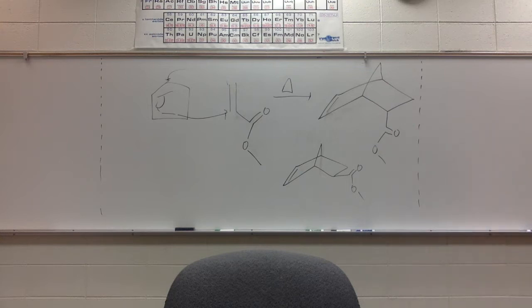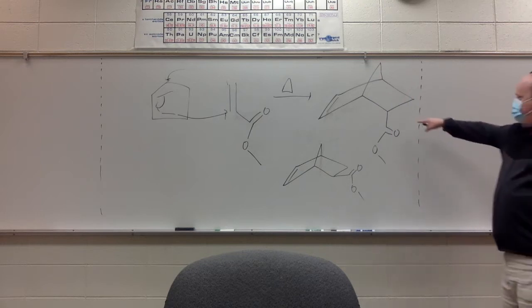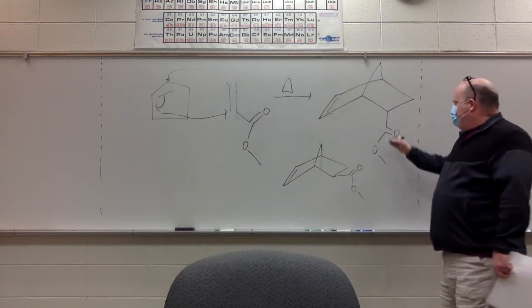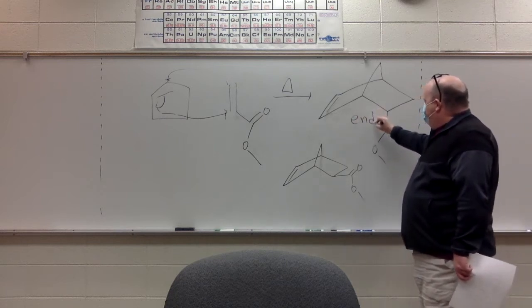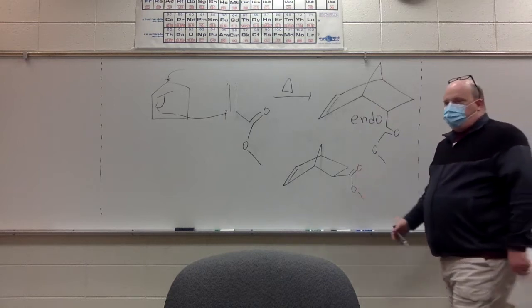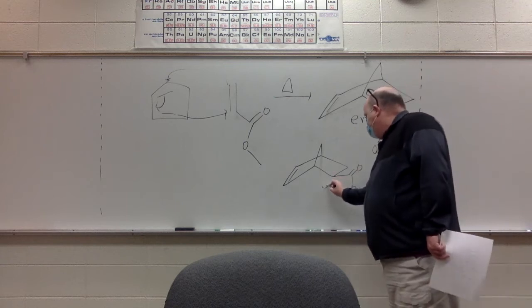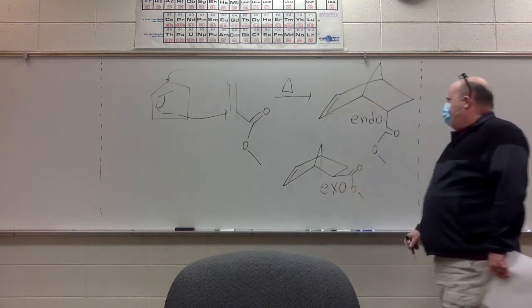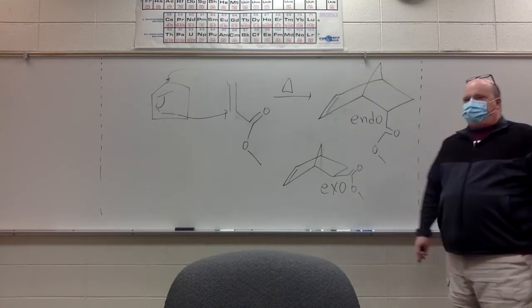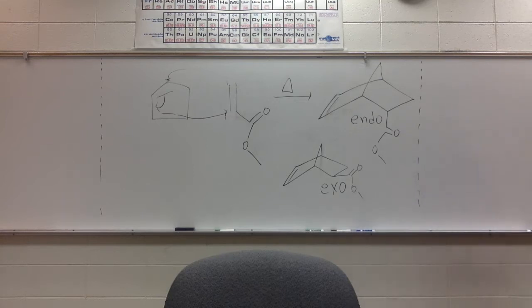We actually have a different term for this, right? If it's pointed straight down off of your Diels-Alder product, we refer to this as being in the endo position. If it's pointed out at an angle, the one that's sort of similar to equatorial, that's called the exo position.